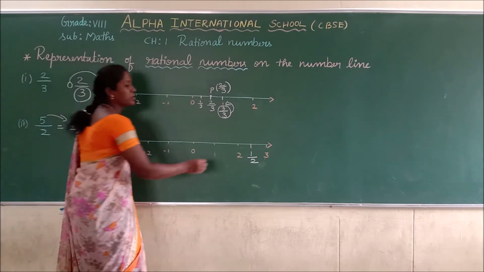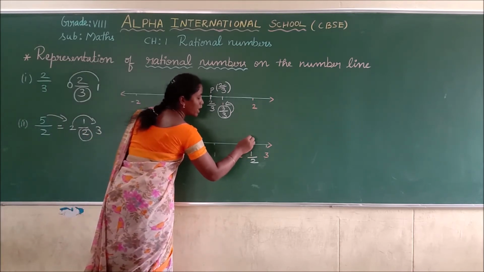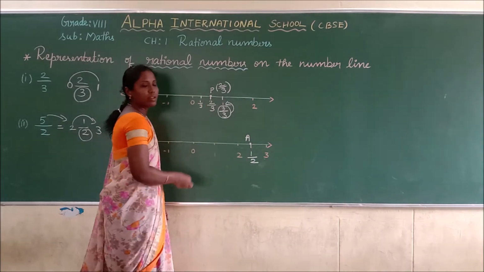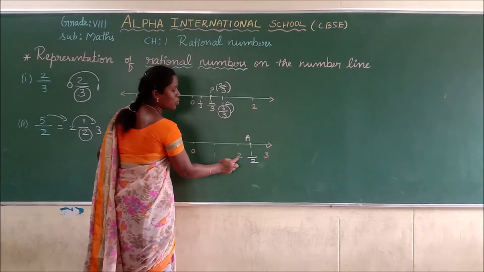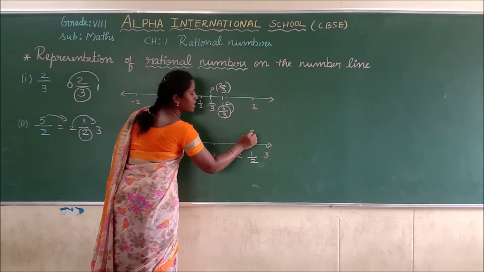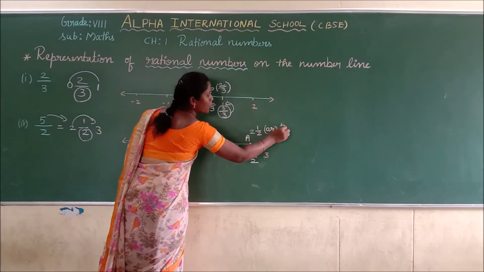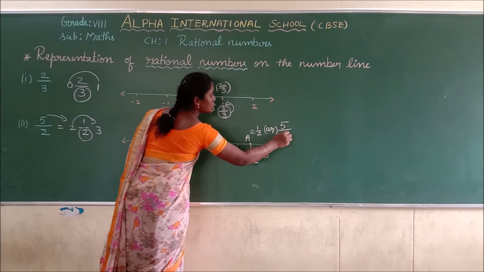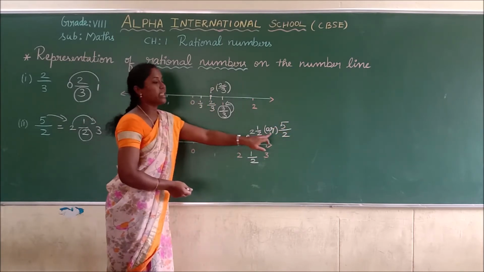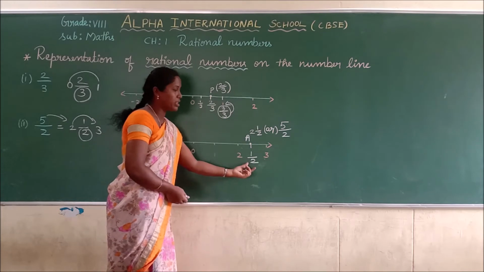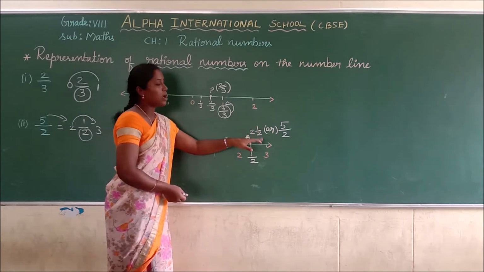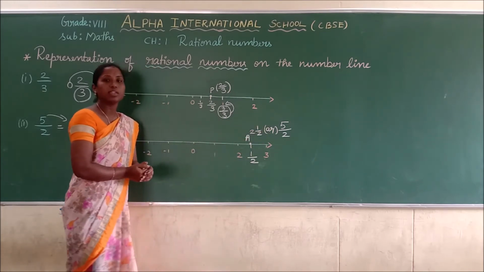So 1 by 2 is the needed point. Make it A. This is the point 2, 1 by 2. We can write it as 2, 1 by 2, or in the improper way, 5 by 2. Both are equal. So we have plotted the point 2, 1 by 2, or 5 by 2, on the number line.